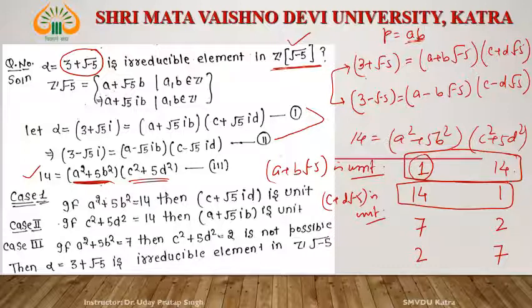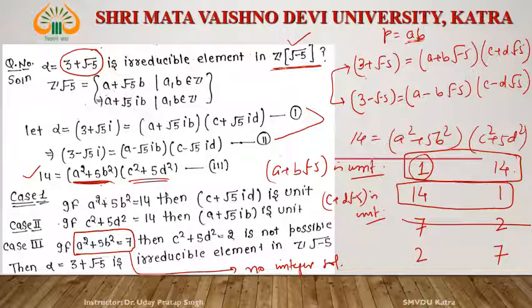Then a squared plus 5b squared equal to 7. This equation has no integer solution. It means there do not exist any a, b in the set of integers such that a squared plus 5b squared equals 7.